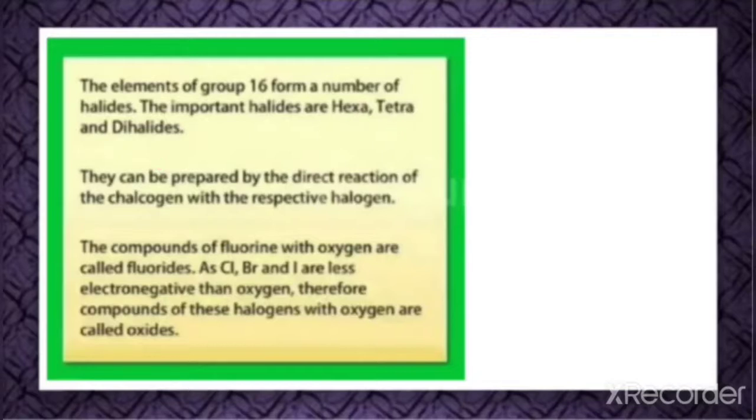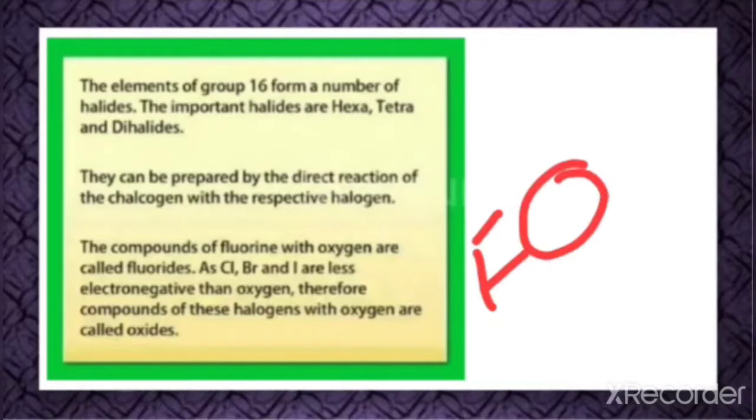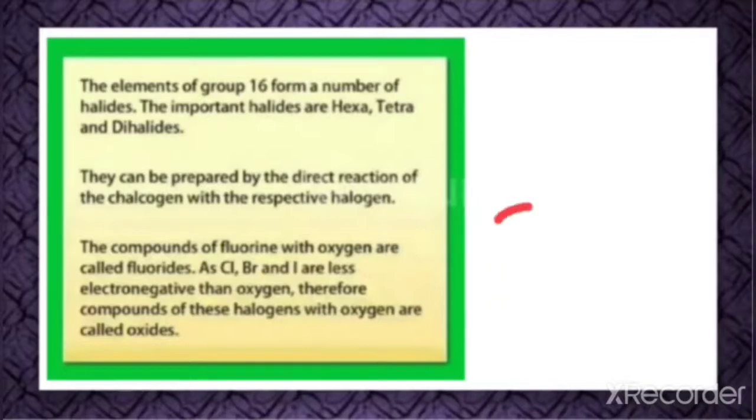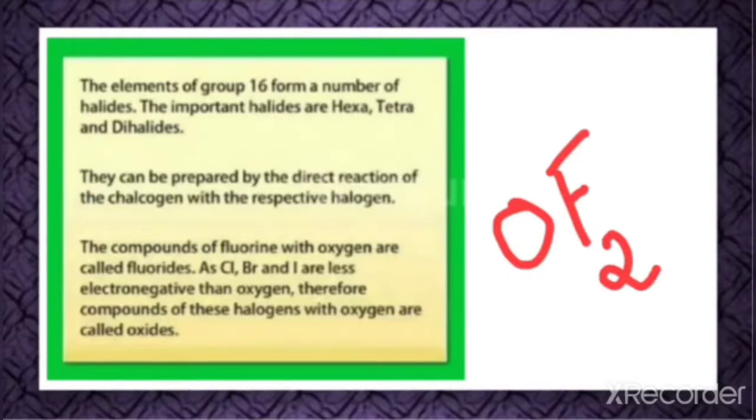When we talk about compounds of fluorine and oxygen, in this case they are called fluorides. That is the oxygen and fluorine compound OF2. This compound is called a fluoride, not an oxide, because here F gets a negative oxidation state and O gets a +2 oxidation state.